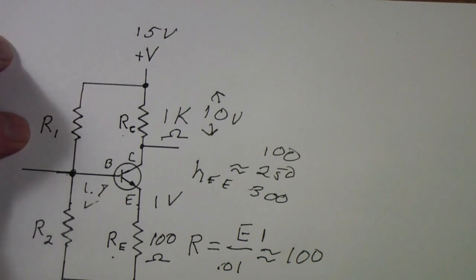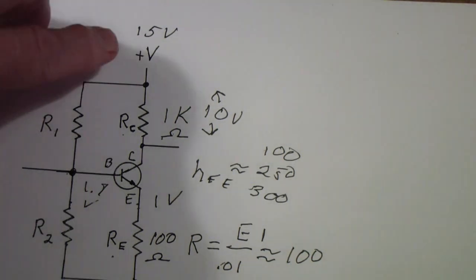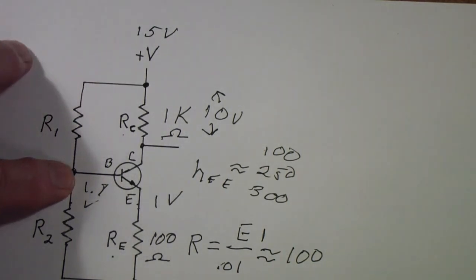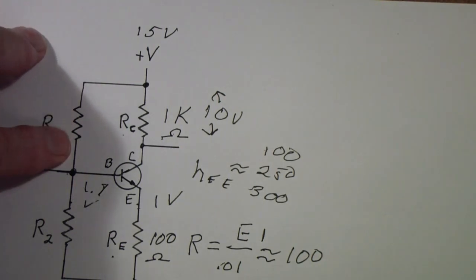Now we want something that will drop 15 volts down to 1.7 volts with 1 milliamp flowing through it.